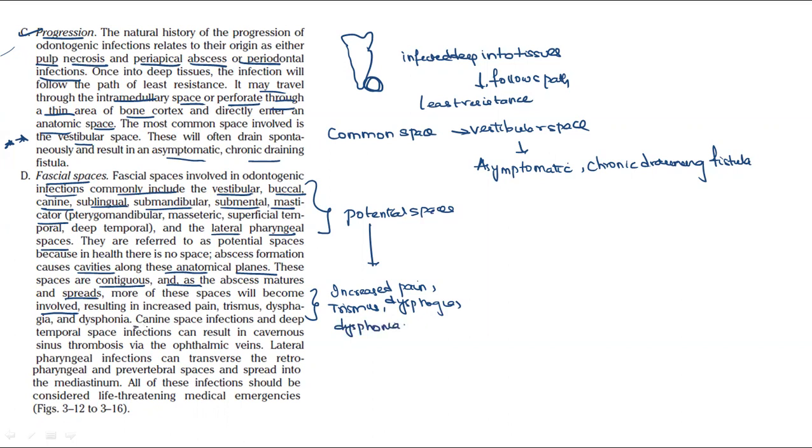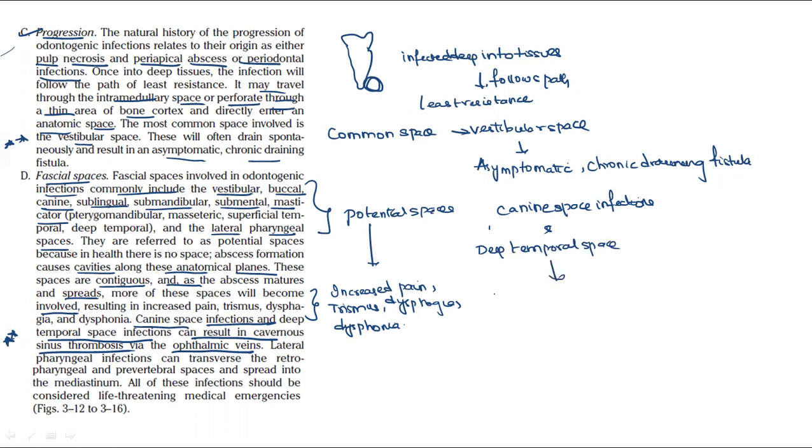Okay, and canine space infections and deep temporal space infections can result in cavernous sinus thrombosis via ophthalmic veins. This is very important. Canine space infections and deep temporal space infections can result in cavernous sinus thrombosis via ophthalmic veins.